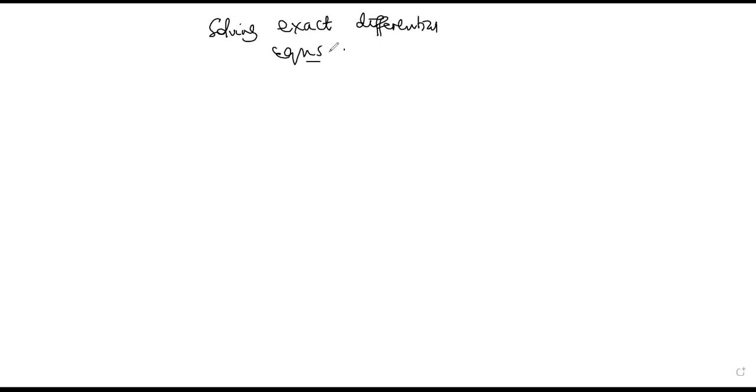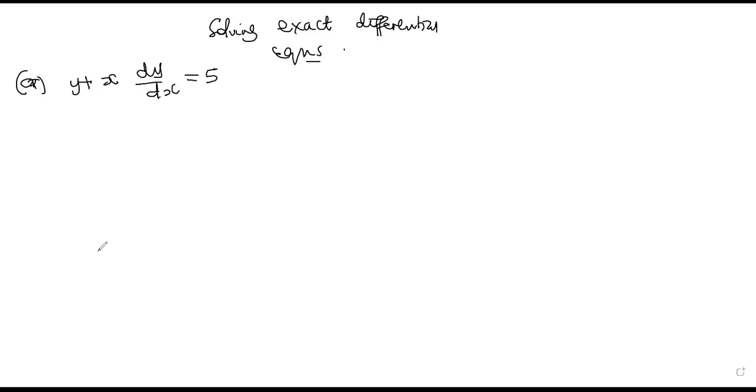But if you have not tested for exactness, then you need to test for exactness. So, for example, let me begin with this first part, y plus x dy/dx is equal to 5.